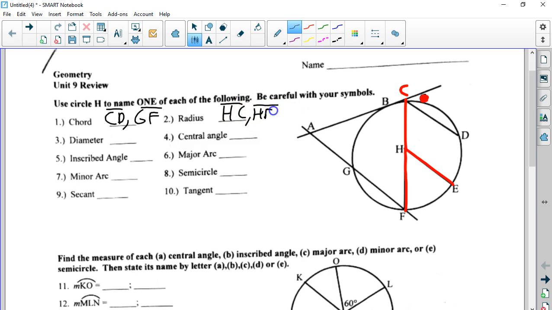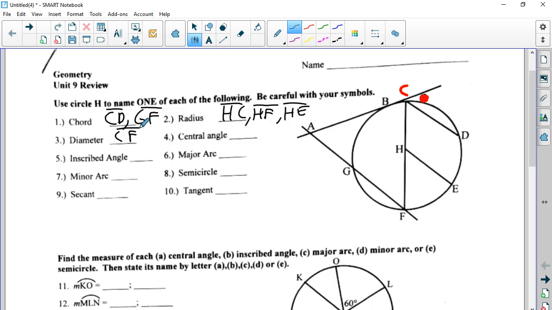And you only need one of these. I'm just trying to show you so you understand any one of those could count as a radius. Diameter. As stated before, that would have to be only one choice, and that would be CF.